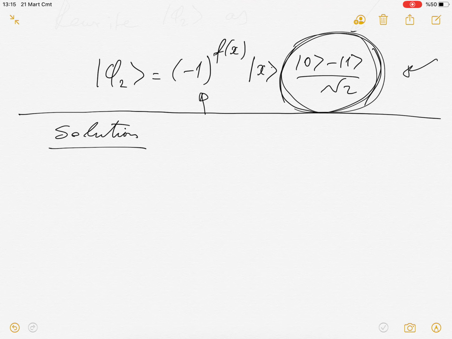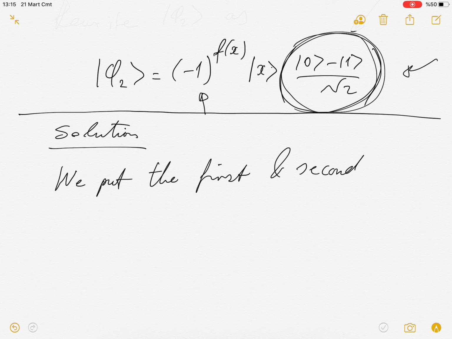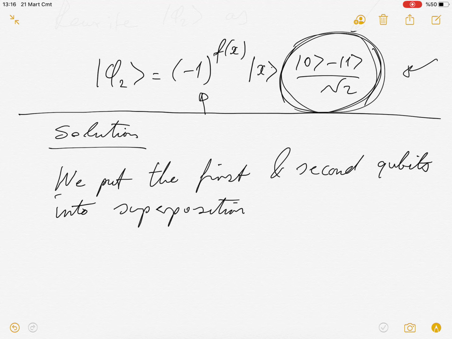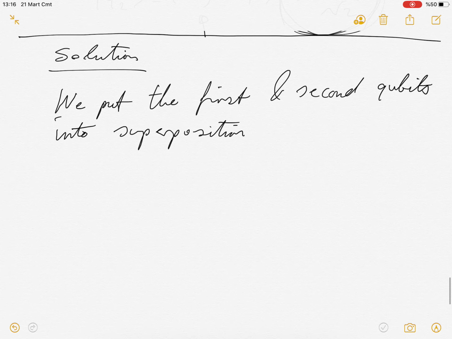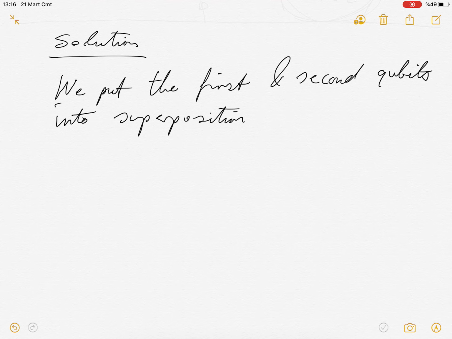So let's put the first and second qubits into superposition. But not only that, we will also put the output into superposition. That is, we will also have a hadamard transform in the first qubit of the output wire of UF. And the quantum circuit will be defined as follows.